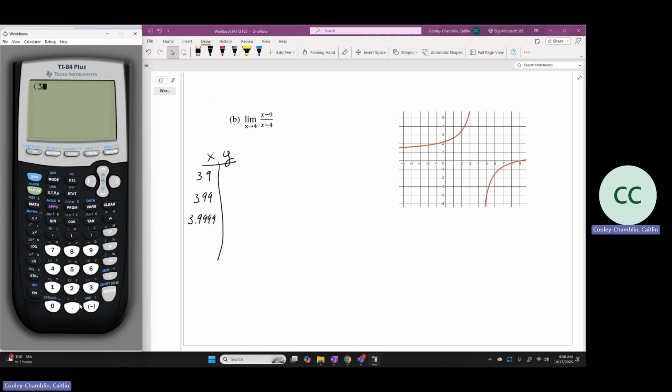So I have 3.9 minus 9 divided by 3.9 minus 4, and I get 51. Okay, so I want to get a little bit closer to 4. So I'm going to press second, enter, which brings my problem back up. If I want to insert a number here, I'm just going to press the blue key, which is second, and then the delete key, which gives me insert.